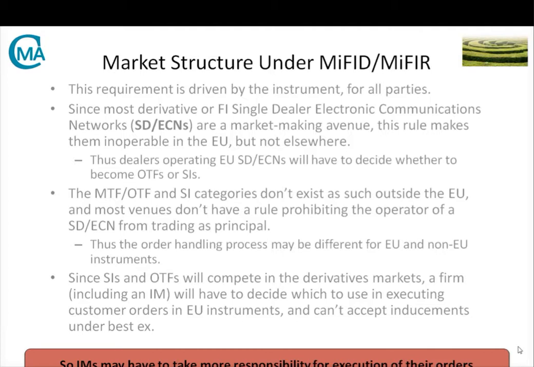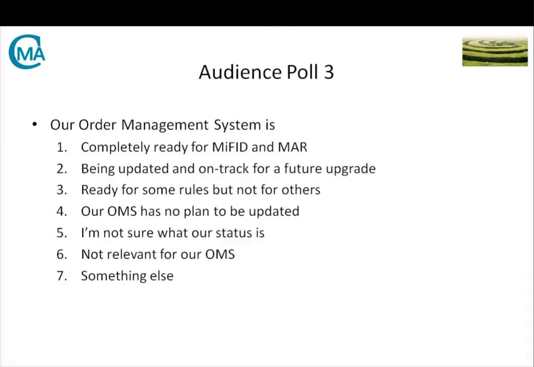So we're seeing investment managers now having to make more decisions about how they route orders because this impact has started to play. And as we're seeing more and more of this order routing being done electronically, it means more and more of this has to be built into an OMS.